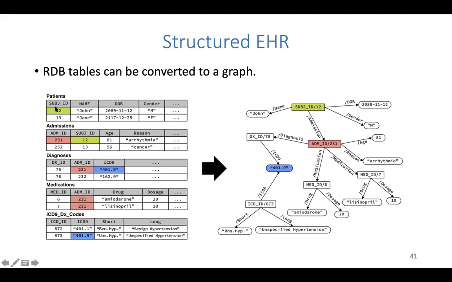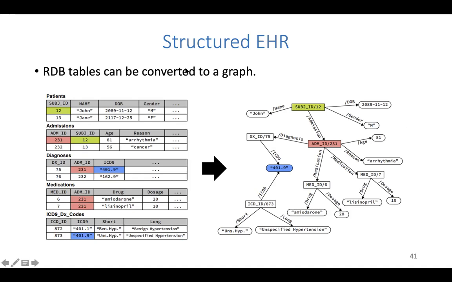For example, subject ID 12 and admission ID 231 are duplicate information that is just distributed in different tables. We do that because we want to normalize the tables, based on the normalization principle in databases.